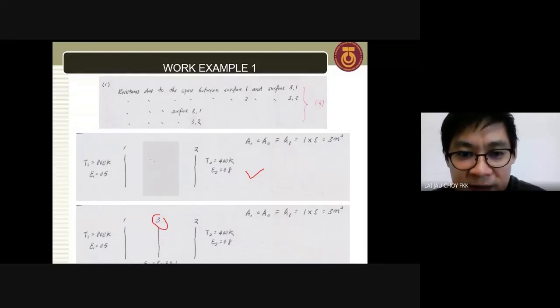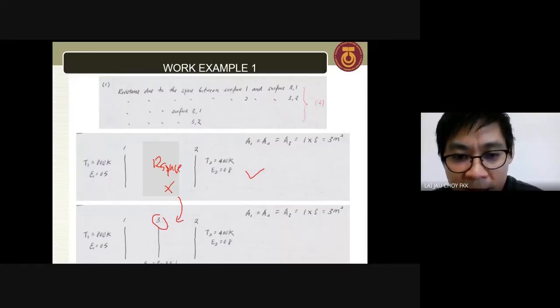The R space originally between surface 1 and surface 2 now no longer exists, because between surface 1 and surface 2 now is surface 3. But there are 2 more space resistances between 1, 3 and 2, 3. So these are the 4 new resistances.